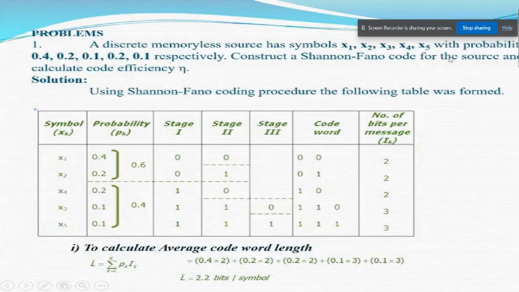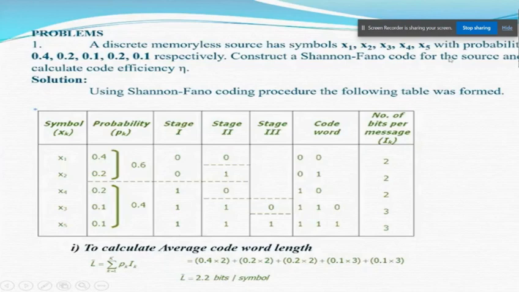For stage 3, we divide the lower set of stage 2 into equiprobabilities. We have 0.1, 0.1. We divide them with equiprobabilities, so we get 0 for the upper set and 1 for the lower set, and so we get the individual codes for all the probabilities.